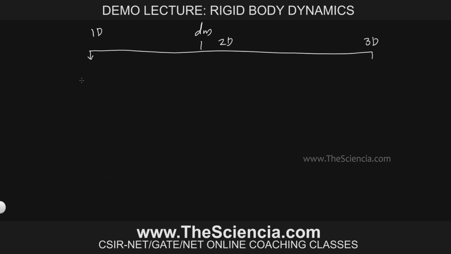So for a rod, a rigid rod, it is linear and it is 1 dimension. So this is the dm, and if it is a dx, then we can write dm equal to lambda dx, where lambda is the linear density.